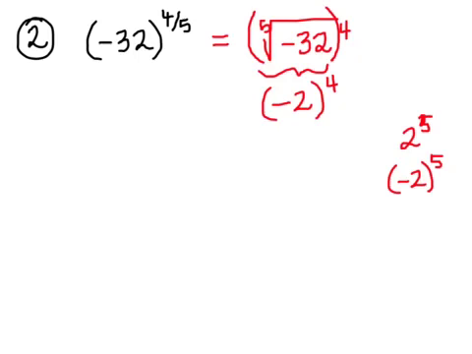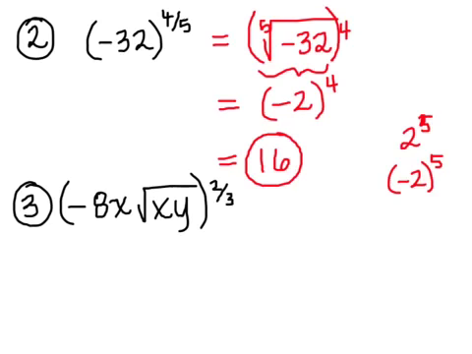If we take that to the 4th power, that would be -2 times -2 times -2 times -2, which would be the same as 4 times 4, which is 16. So that would be one way to simplify that.